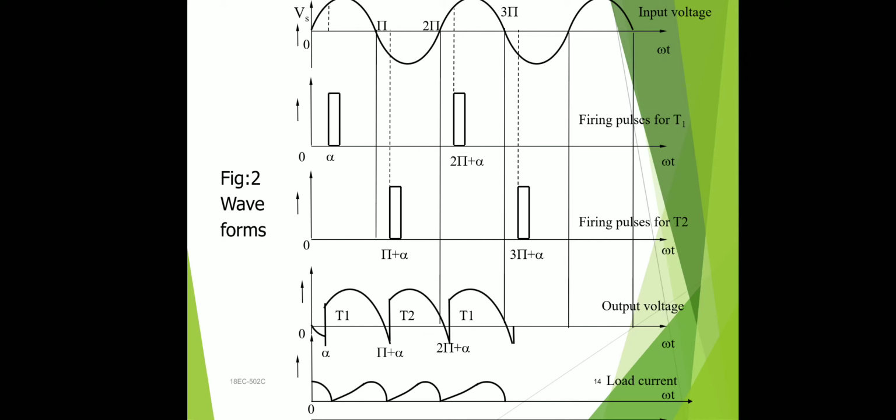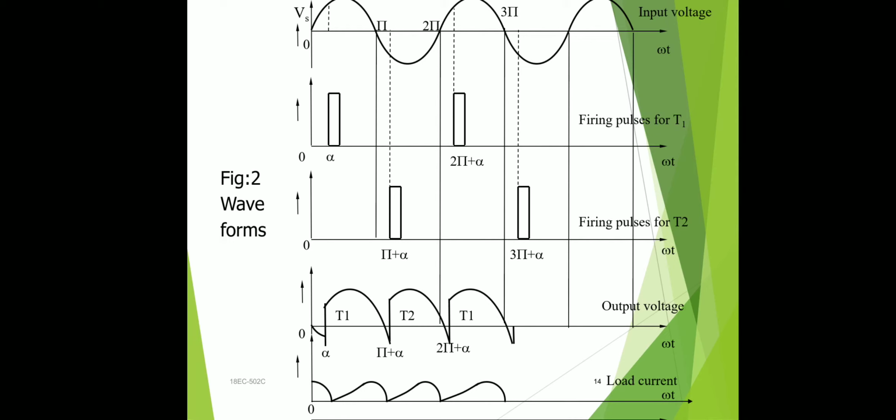In that circuit, V0 for the positive half cycle: the SCR is in conducting mode after the firing angle, and up to pi, V0 equals V, positive voltage.